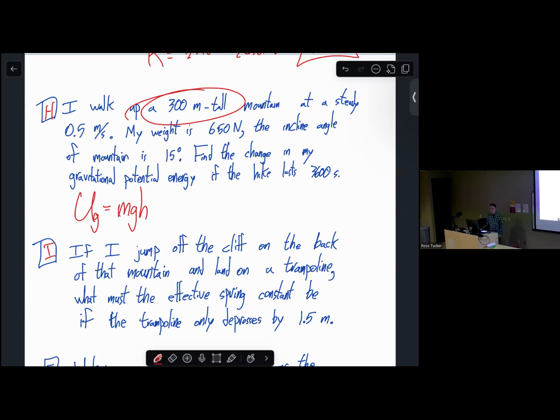So what do I plug in for m? Well, instead of dividing 650 by 9.8 to get m, and then multiplying it back by 9.8 to get mg, I would recognize that mg is weight, so I could just plug in 650.